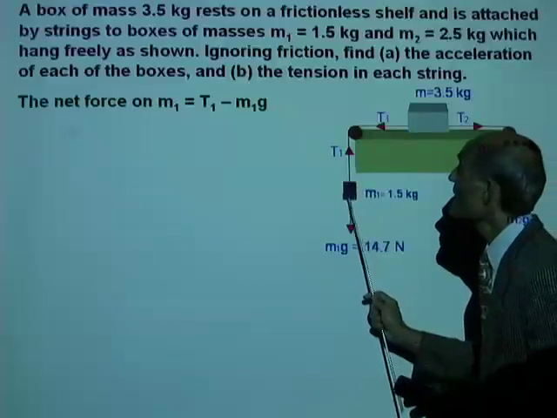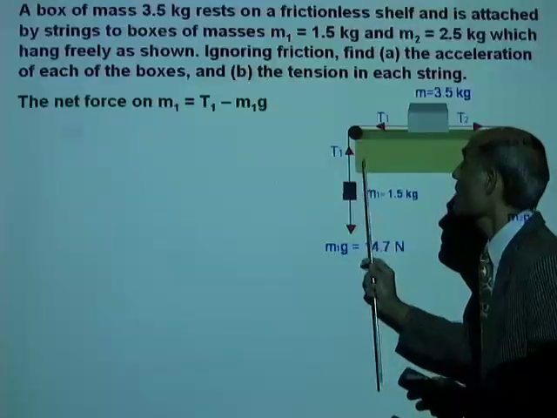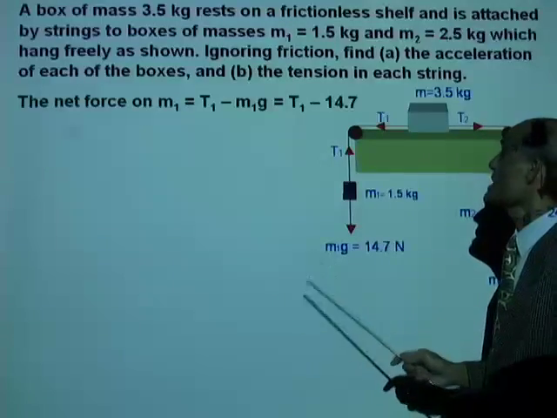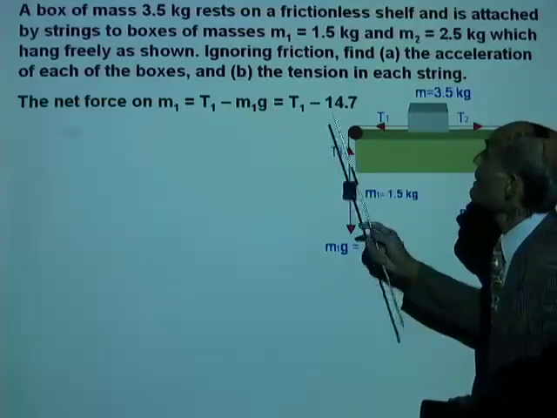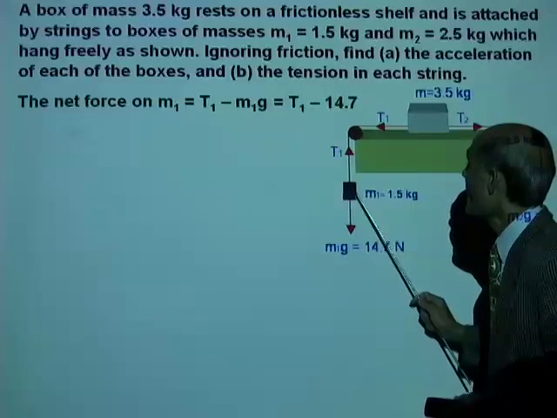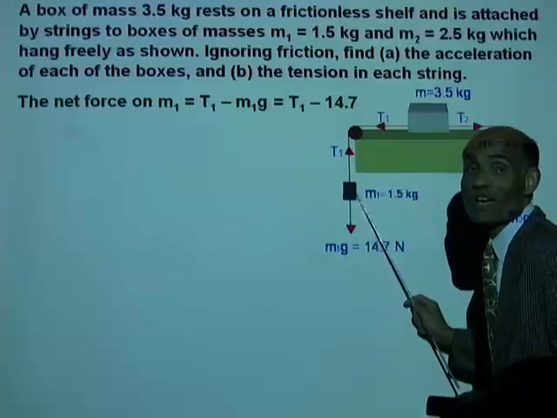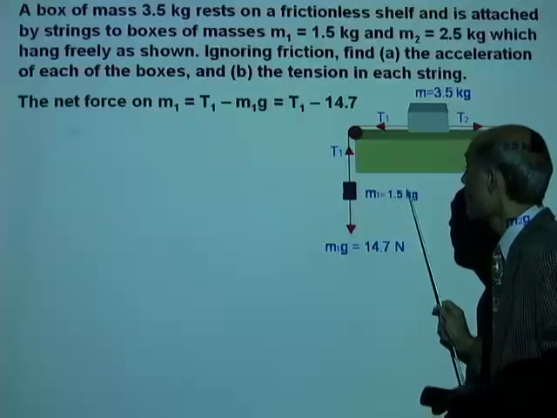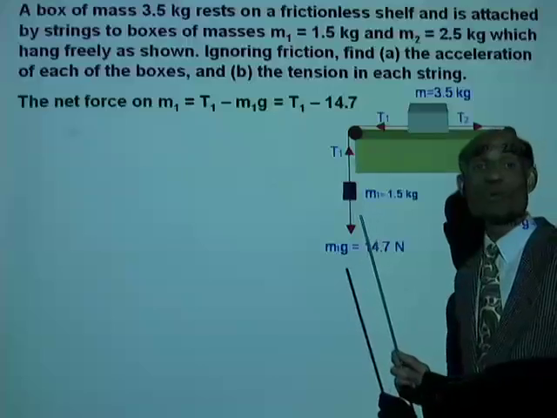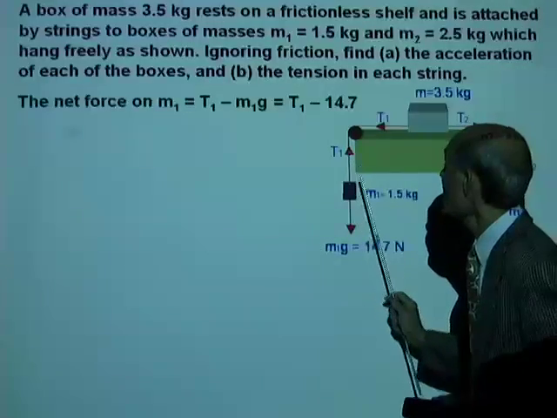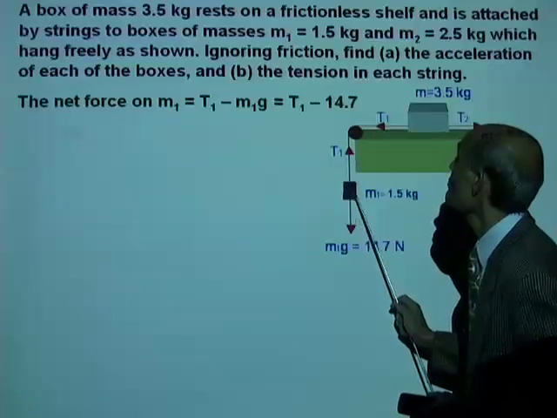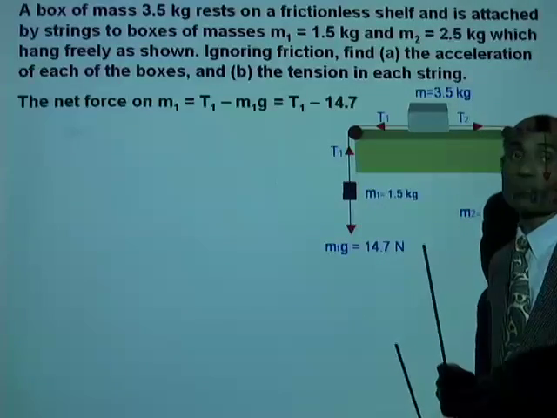That means the net force on M1 is T1 minus M1G. Now, what is M1? M1 is 1.5 kilogram, and therefore its weight M1G is 1.5 times 9.8, that is 14.7. So T1 minus 14.7 is the net force on M1.